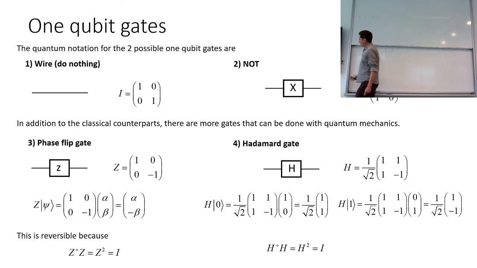You need this minus sign because otherwise these states would not be orthogonal. And for any of these gates, which are unitary operations, if you start with orthogonal states like 1, 0, 0, 1, then you always end up with orthogonal states.